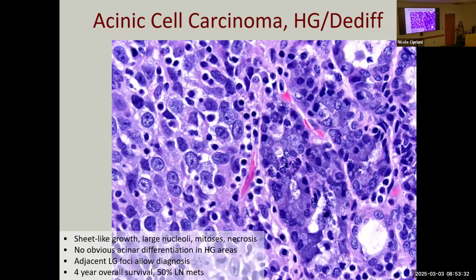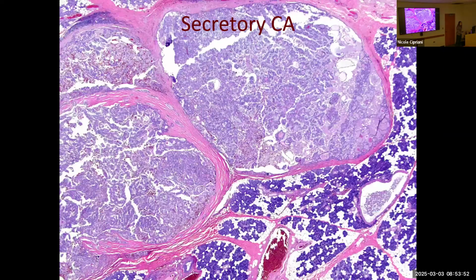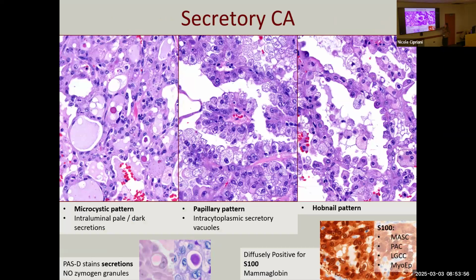Mitoses, necrosis, pleomorphism, PNI, LVI, all those kind of things. Secretory carcinoma is next, as it was originally very akin to acinic, and it used to be thought of as the microcystic or granule-poor variant of acinic cell carcinoma, because it was thought to create these little serous acini, but just didn't have granules.